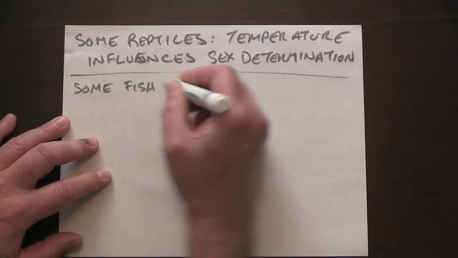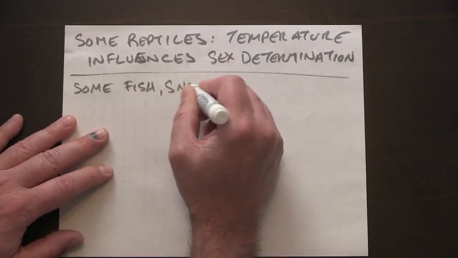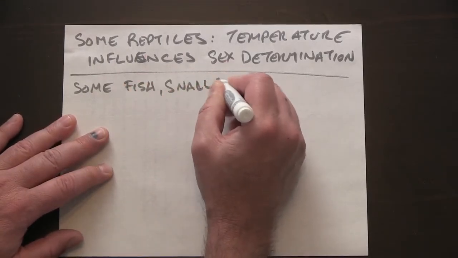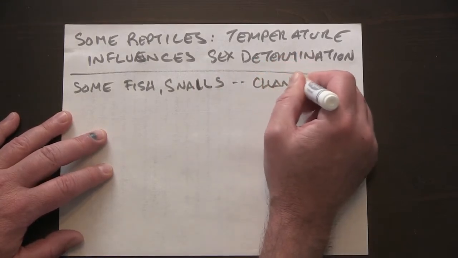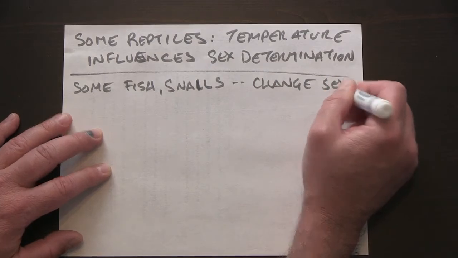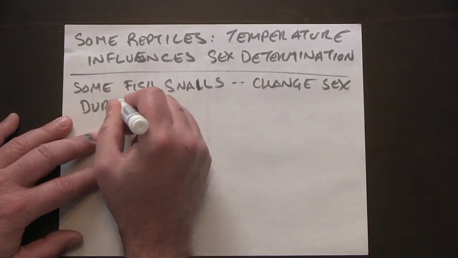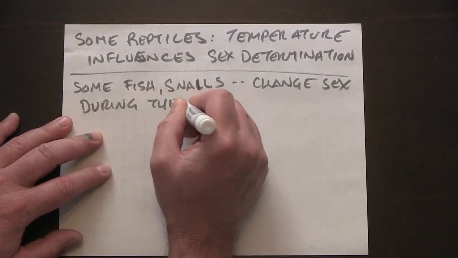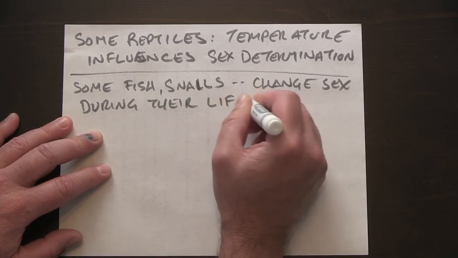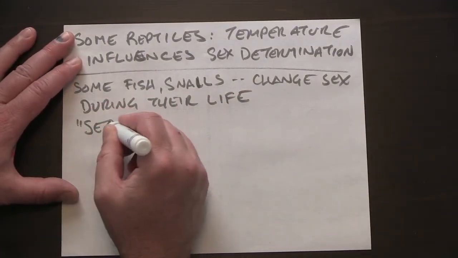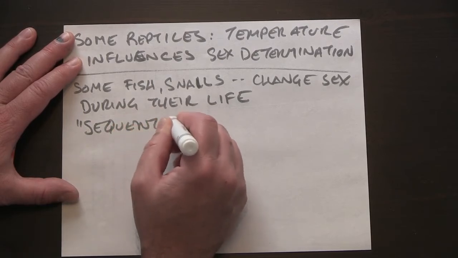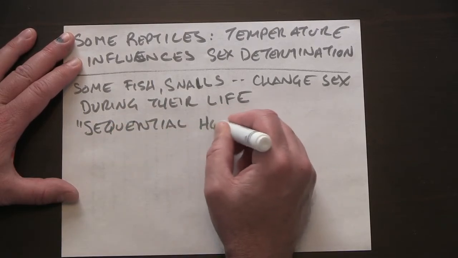Some fish, as you may have heard, and snails, can change their sex during their life. And they're called sequential hermaphrodites.